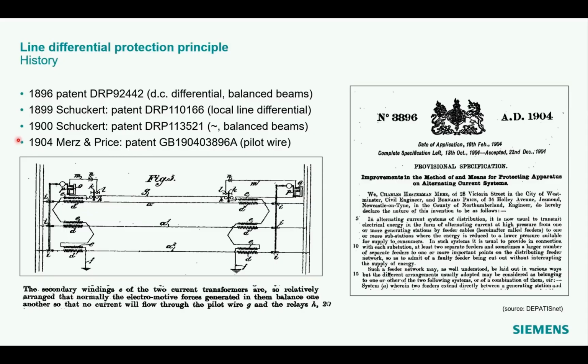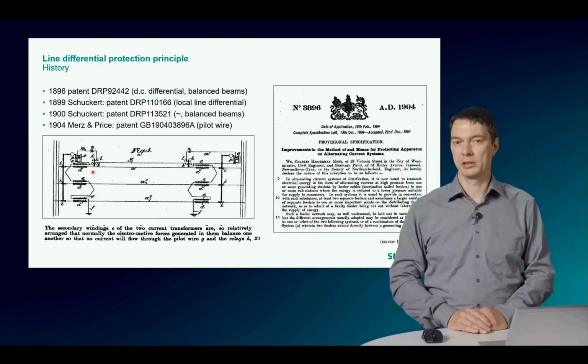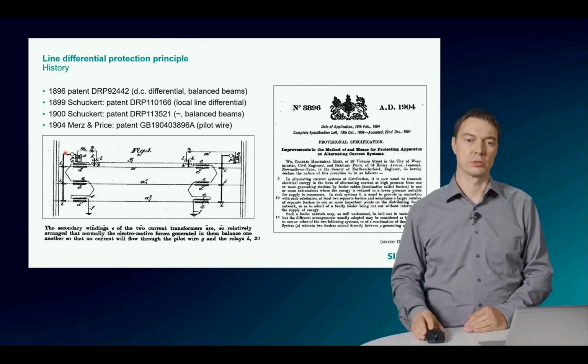Merz and Price in 1904 marked with their patent the birth of the line differential protection. Some extracts of this patent are shown on this slide here. The currents of both sides of the line are summed up electrically and transferred using a pilot wire to the remote end. In case a differential current is flowing on the pilot wire, it operated the circuit breaker.